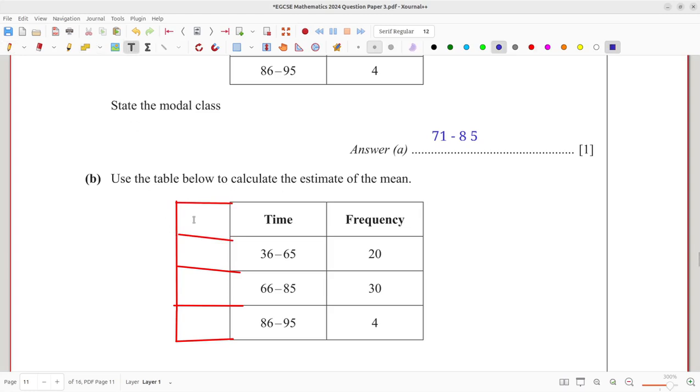Then this is your x, and then you just add 36 plus 65, divided by 2. It's giving me 50.5.